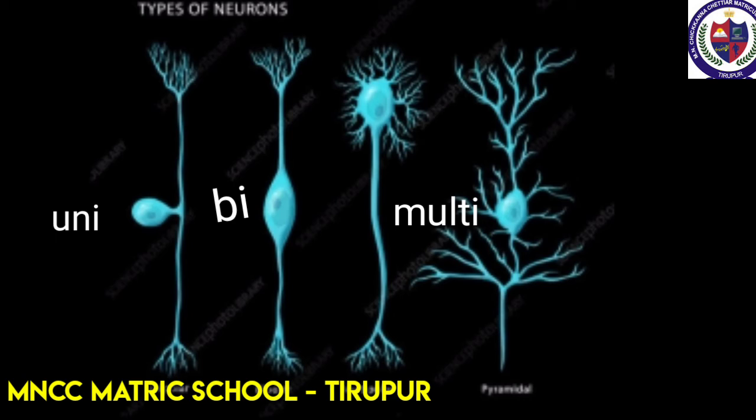On the basis of functions, neurons are categorized as sensory or afferent neurons, which carry impulses from the sense organ to the central nervous system. Motor or efferent neurons, which carry impulses from the central nervous system to effector organs such as the muscle fiber or the gland. Association neurons conduct impulses between sensory and motor neurons.